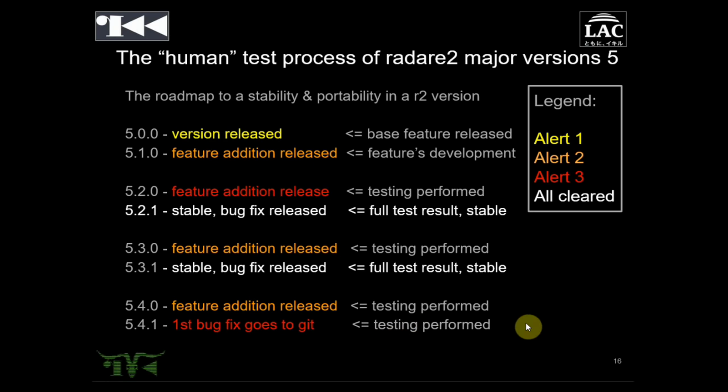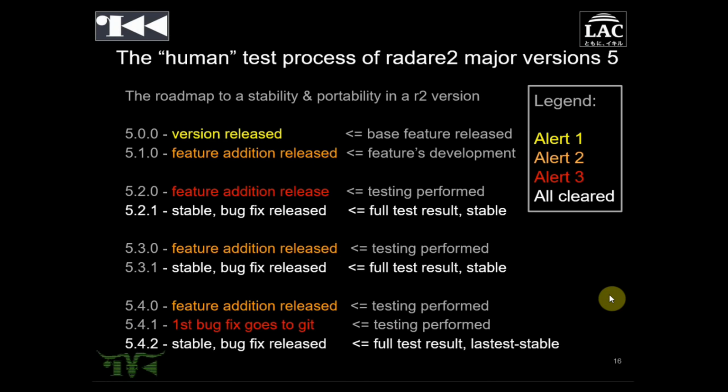But one platform cannot be pinned down as quickly as the other platforms, so we leave it to Git, under the decision of Pancake, and the development for fixing the one leftover platform continues, and 5.4 was released after the full test result, and the last bug fix for the leftover platform has been fixed.